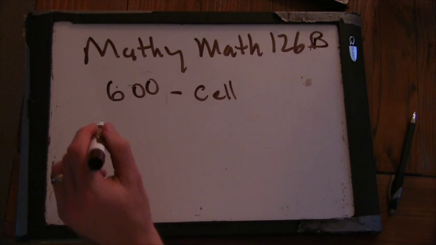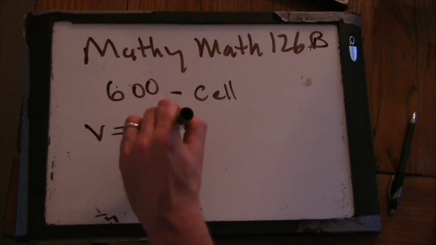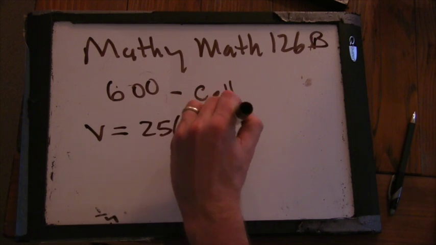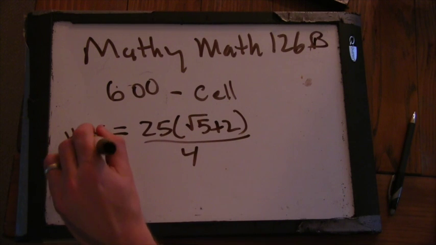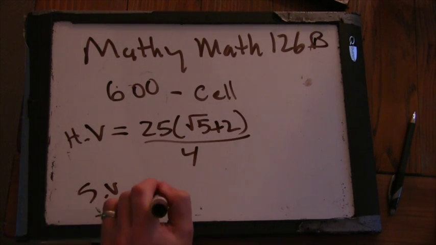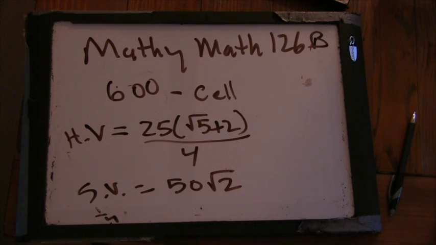So we got the volume of our 600 cell is given by this formula: 25 times the square root of 5 plus 2 over 4. And that's the hypervolume, sorry. And the surface volume is given actually pretty simply by 50 times the square root of 2. So we see some root 5s laying around.